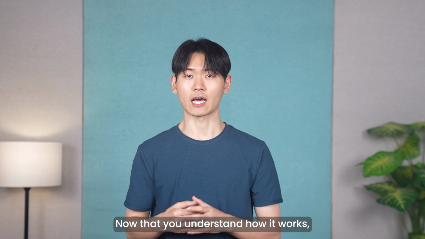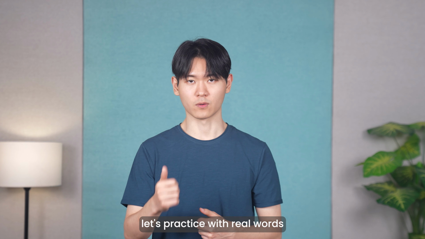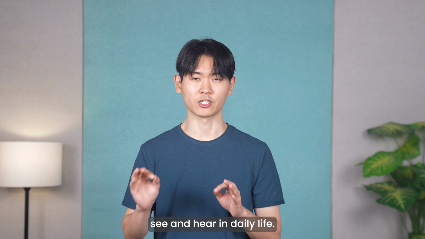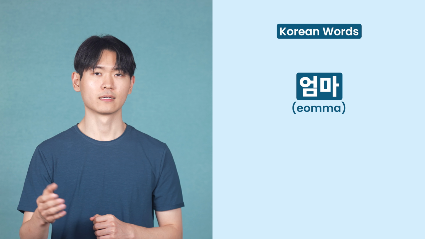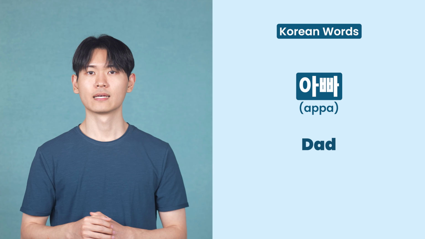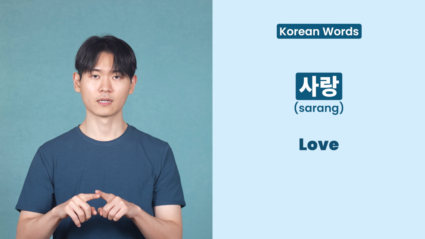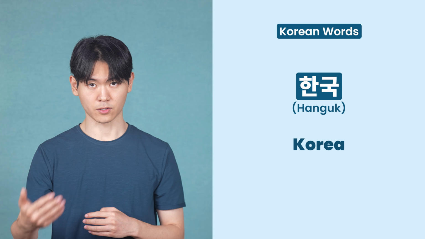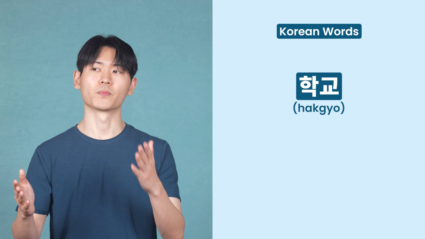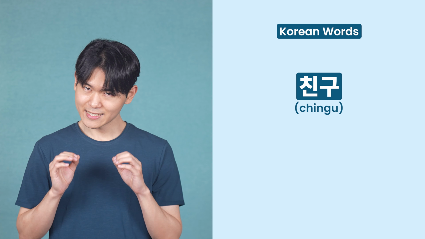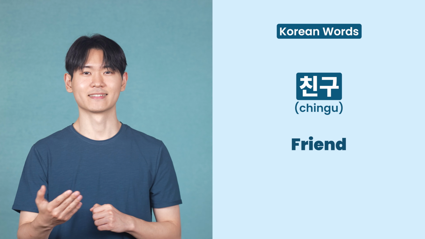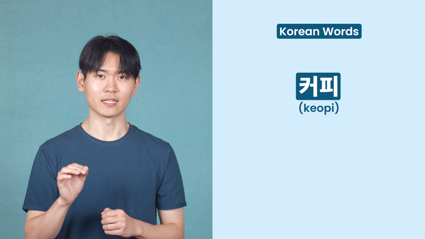Now that you understand how it works, let's practice with real words you'll actually see and hear in daily life. 엄마 is mom. 아빠 is dad. 사랑, love. 한국 is Korea. 학교 is school. 친구 is friend. 커피 is coffee.